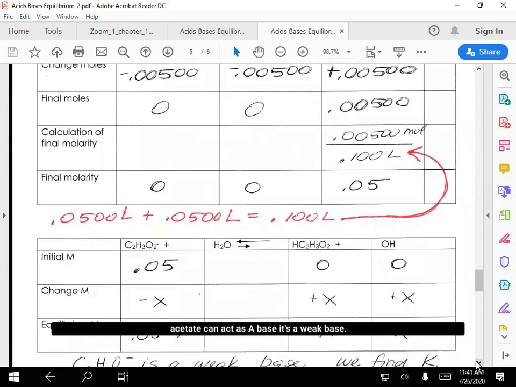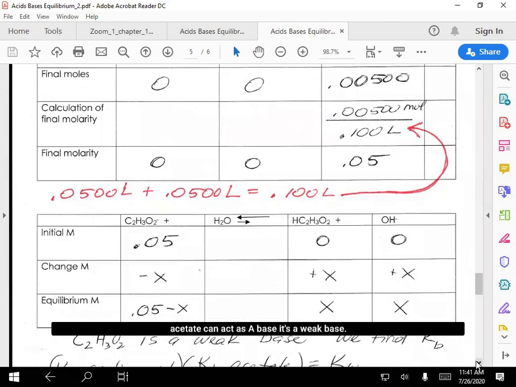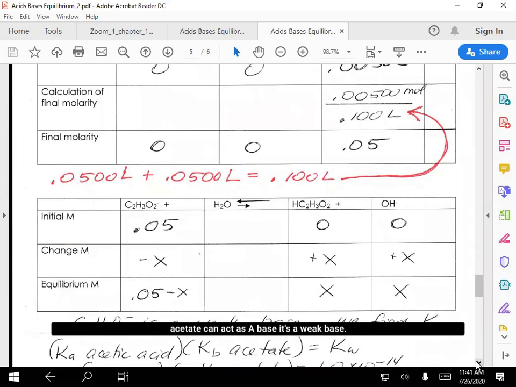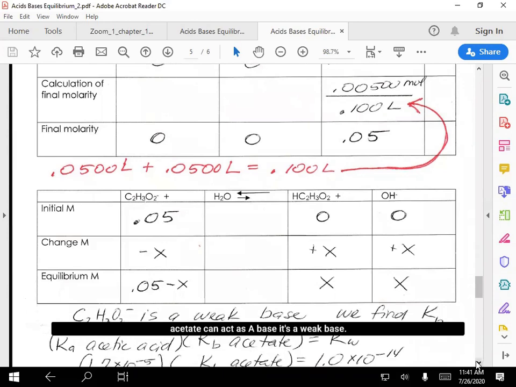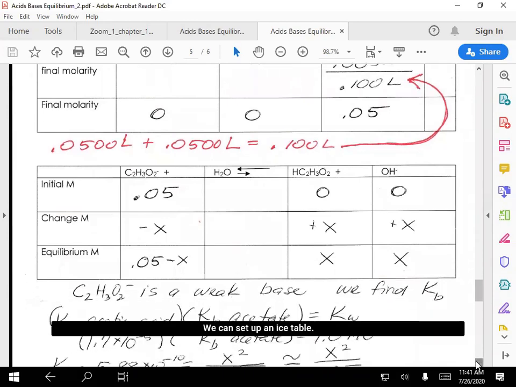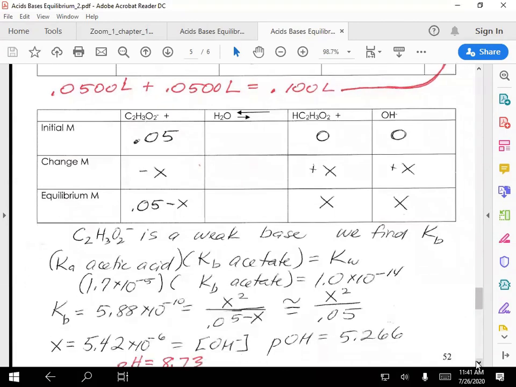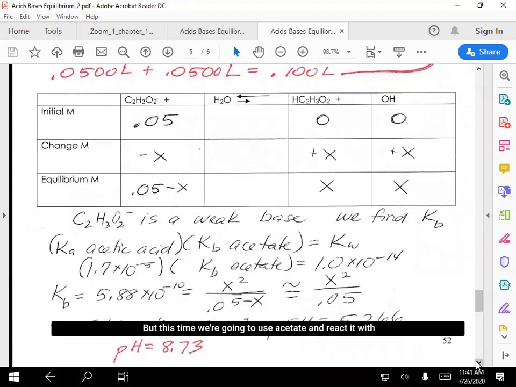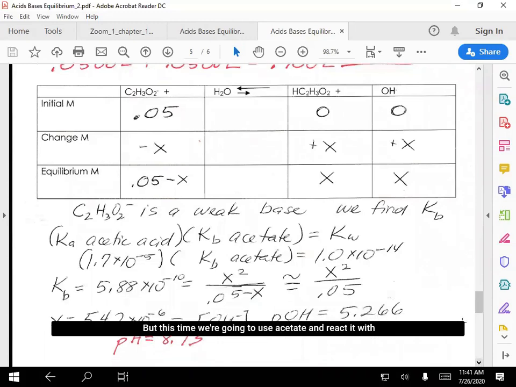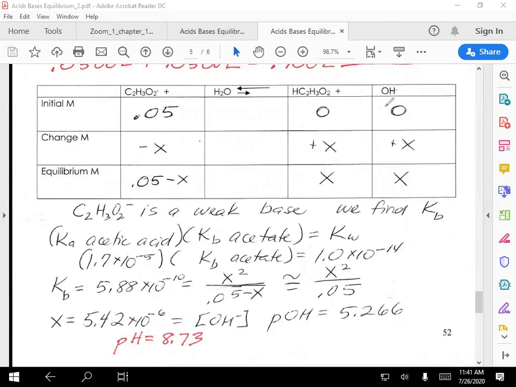Acetate can act as a base. It's a weak base. We can set up an ice table, but this time we're going to use acetate and react it with water. So we have acetate plus water in equilibrium with acetic acid plus hydroxide.